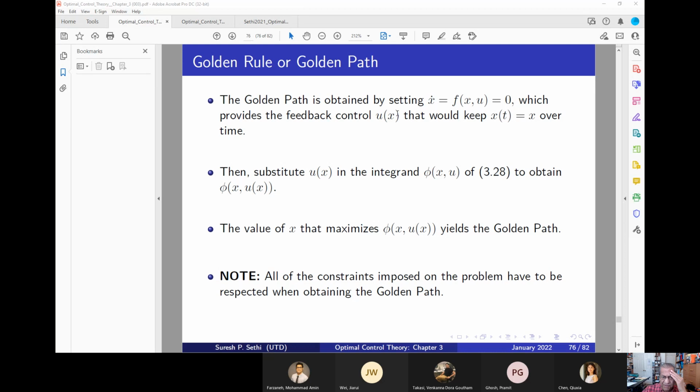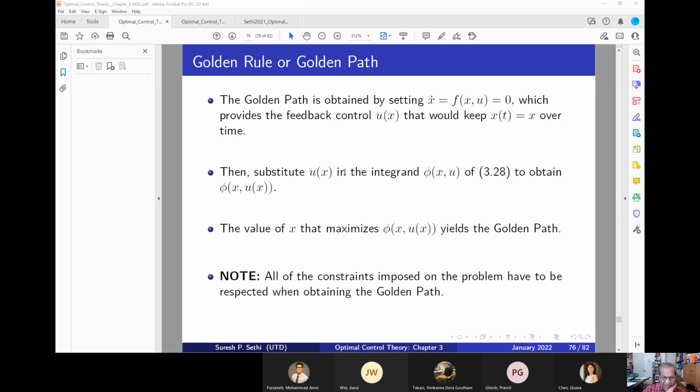And this will give me a feedback control, u of x. When I solve this, u becomes u of x, because this is the equation in x and u. And then I can put the solution in the objective function. So the objective function will be phi of x comma u(x).